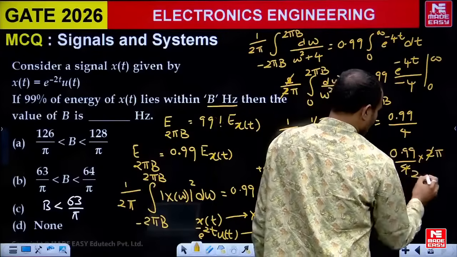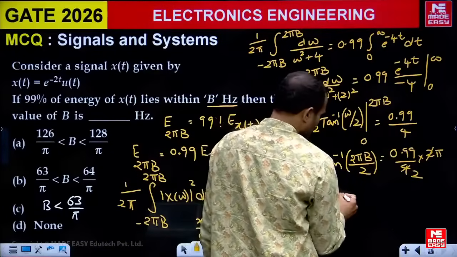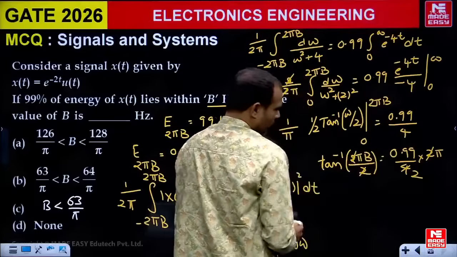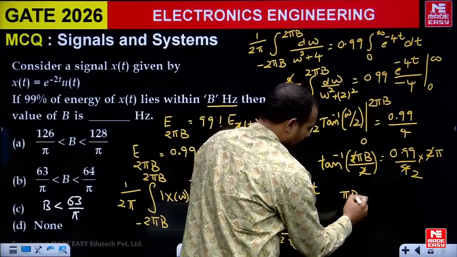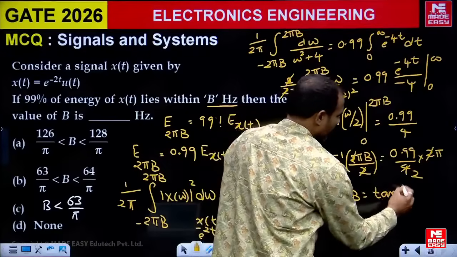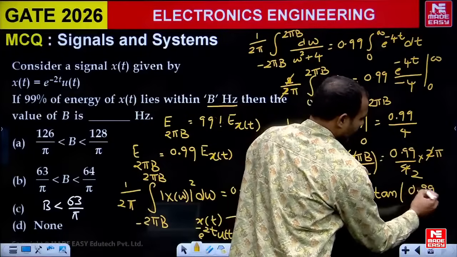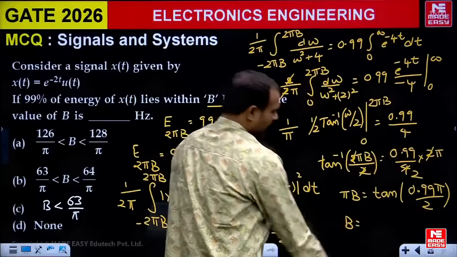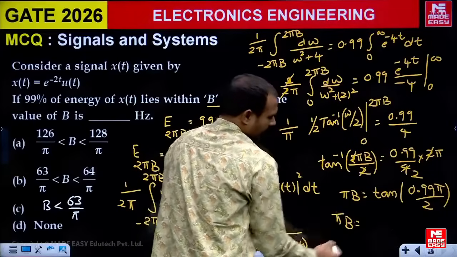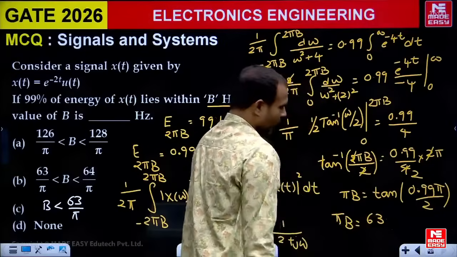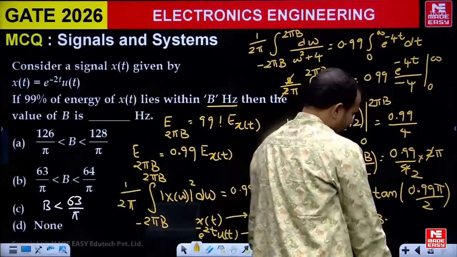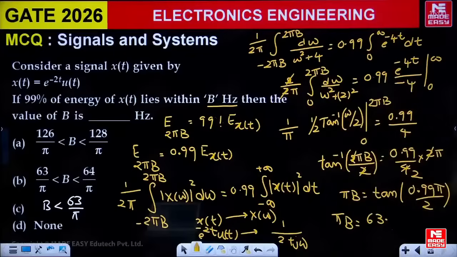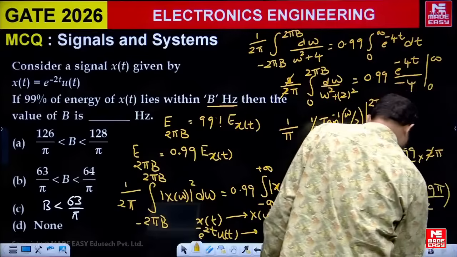We cancel out the 2 and 2, therefore the value of pi B is equal to tan of 0.99 pi by 2, and this value we are getting approximately, from the calculation, 63.56 is the value we are getting.